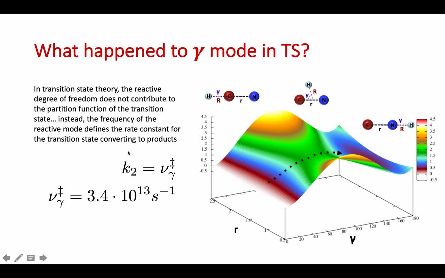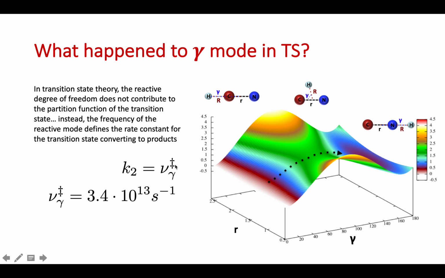The rate constant for going from transition state to products is actually equal to the frequency of the reactive mode when you're in the transition state structure. Now, is that strictly speaking true? No. This is an assumption of transition state theory. And if you look through the transition state theory literature, which is quite extensive, you'll see many different ways of treating this equivalence.